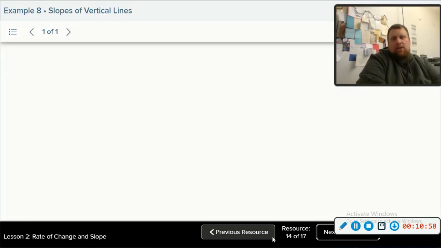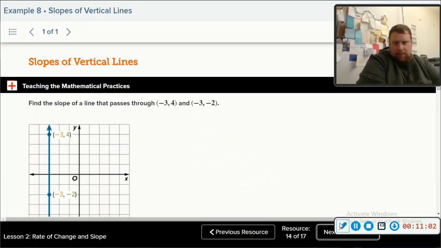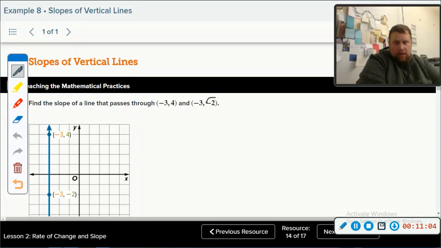Now, with that said, the slope of a vertical line is undefined because we're going to have division by 0. Watch what I mean. Okay, let's do our subtraction. -2 minus 4 over -3 minus -3. So -3 minus a -3.